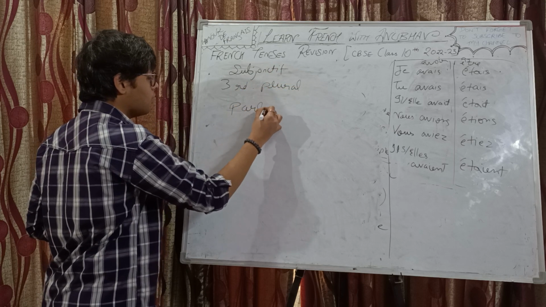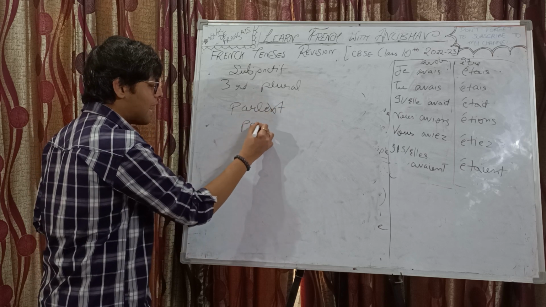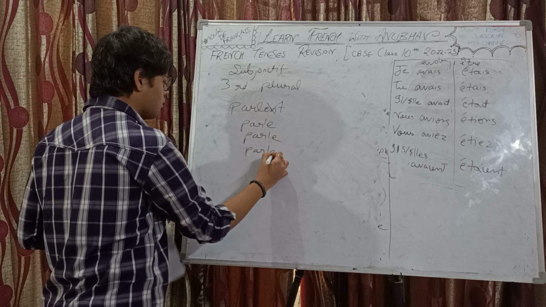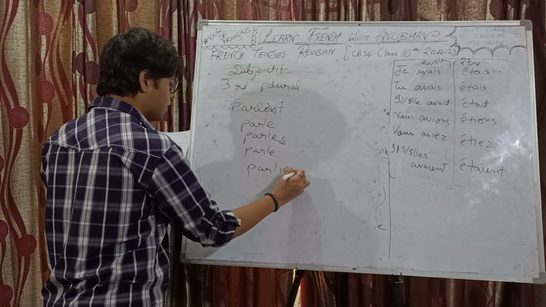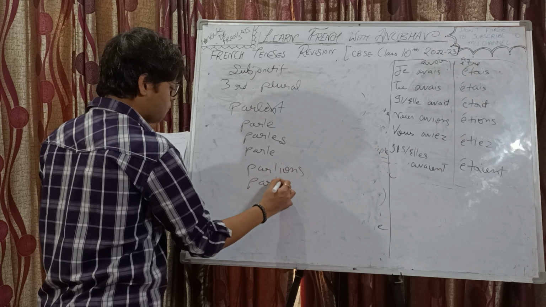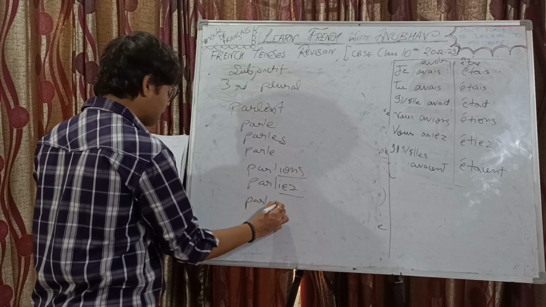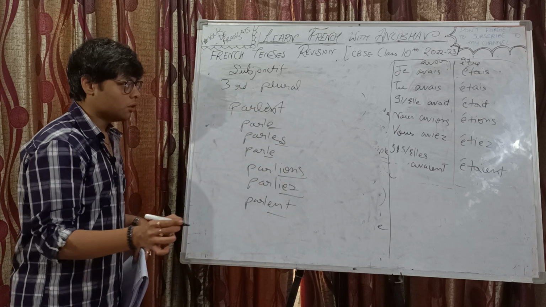For example, parlent, remove ent, and then add the endings: e, es, e, ions, iez, and then simply ent. So these are your endings for subjunctive.